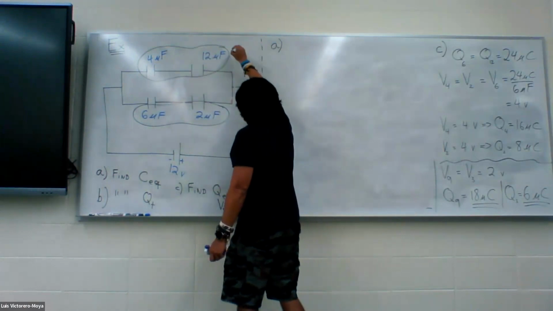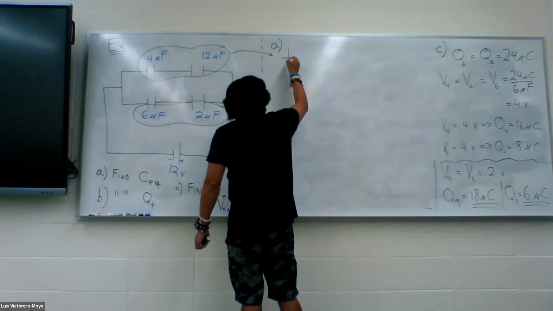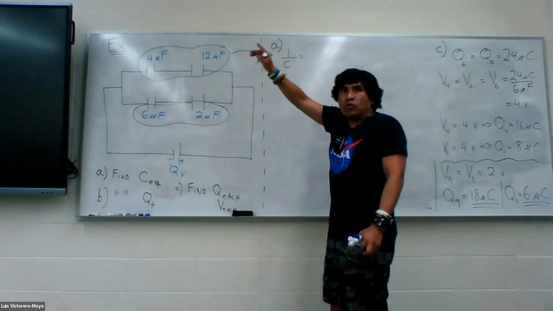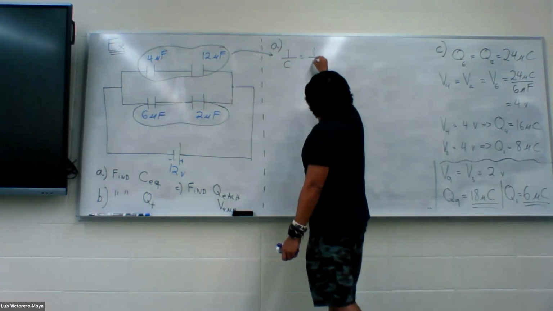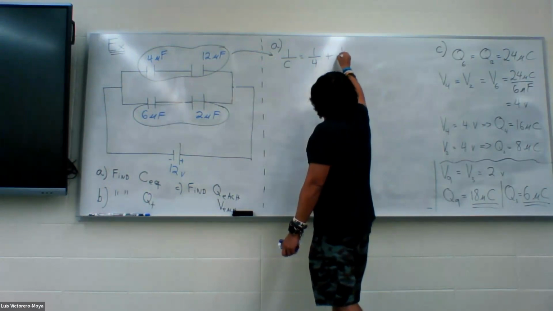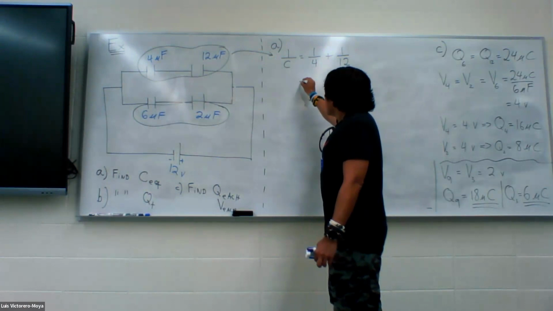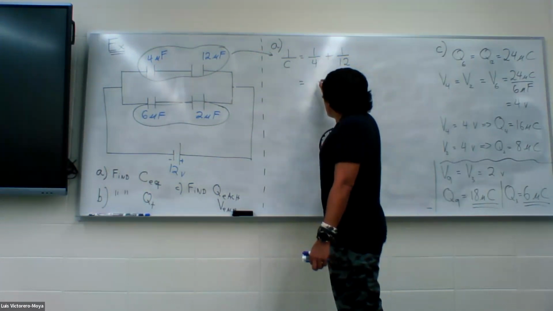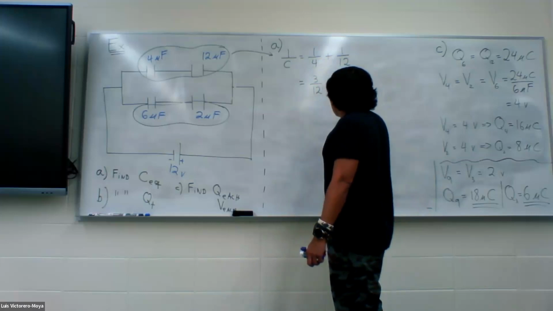4 and 12. I'm going to write here 1 over C is in series, right? So we have to use that 1 over C is equal to 1 over 4 plus 1 over 12. The common denominator is 12: 3 over 12 plus 1 over 12.